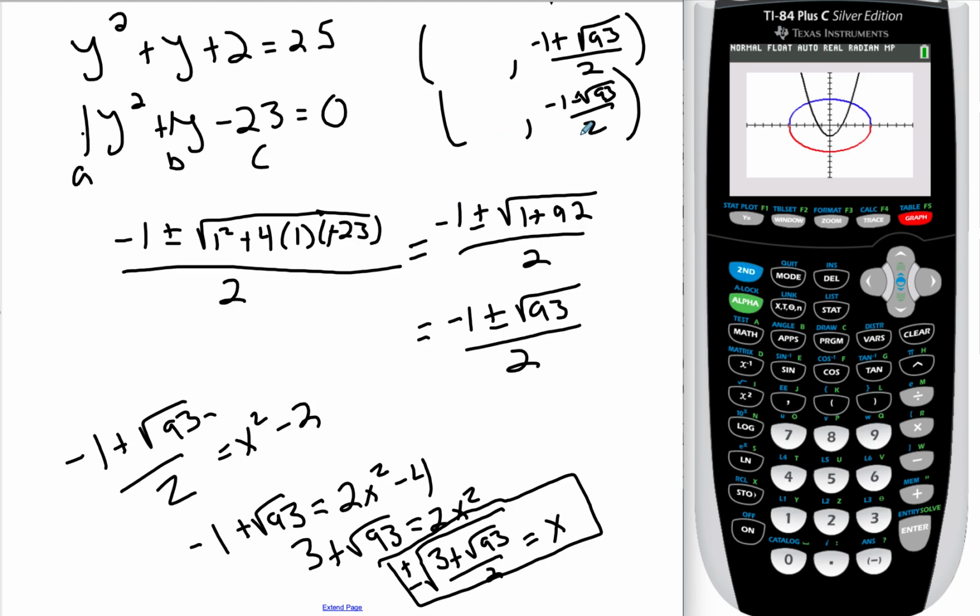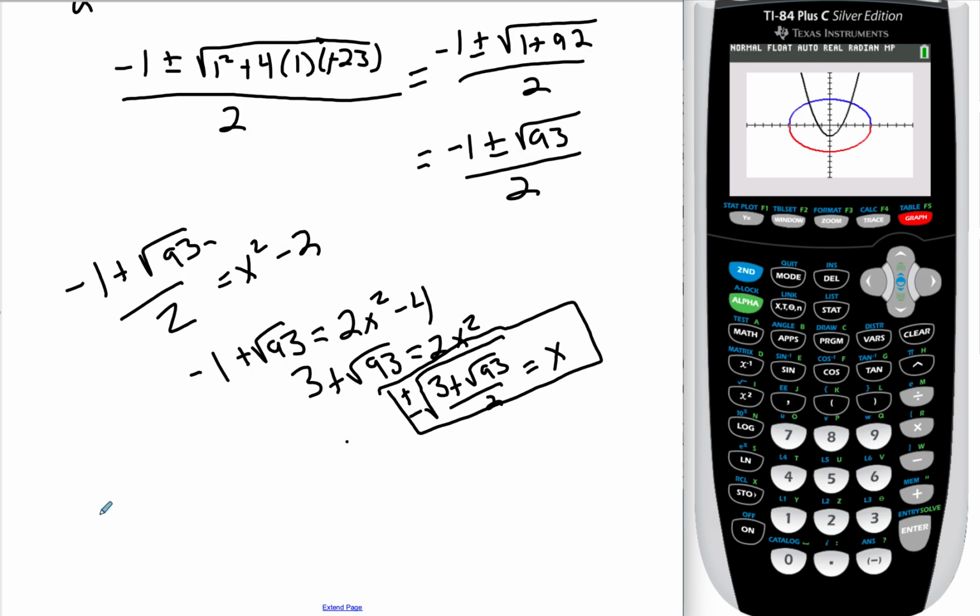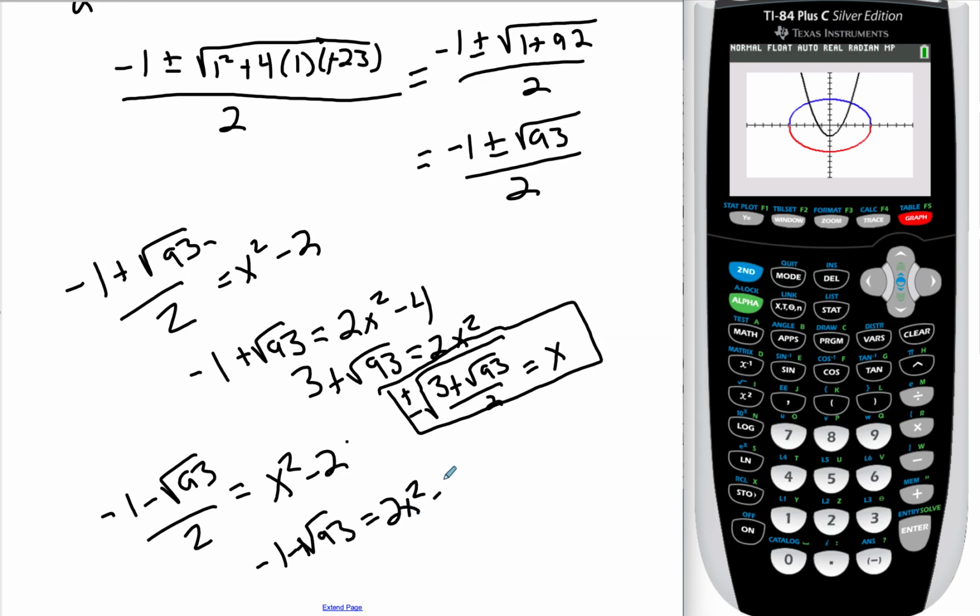Okay? But notice, when I do the negative, what would happen if it was a negative? Okay? This number here is clearly a negative number. Okay? And it's a negative number. Watch this. So I've got, when I do the same thing, I get negative 1 minus the square root of 93 equals 2x squared minus 4.